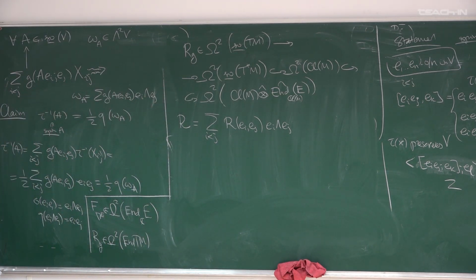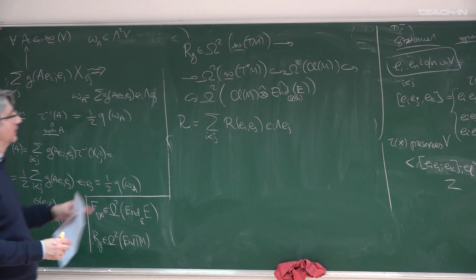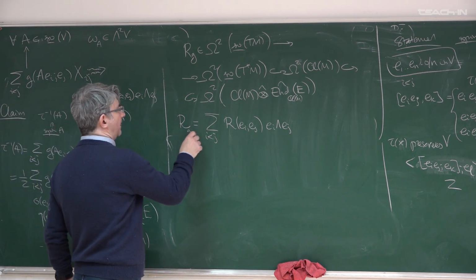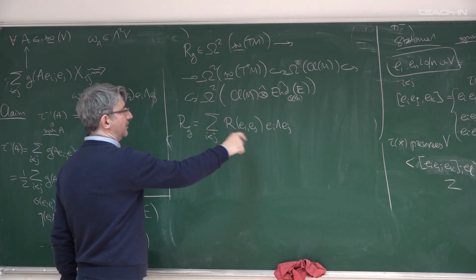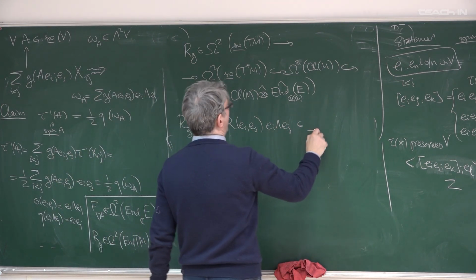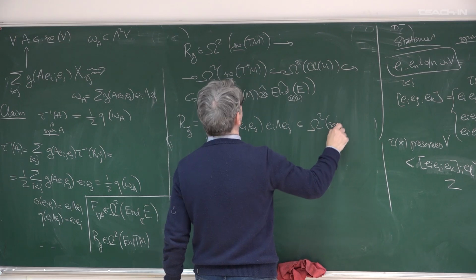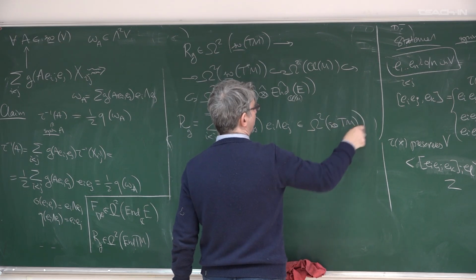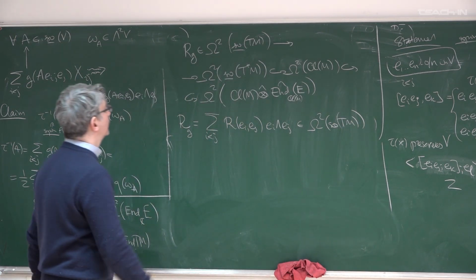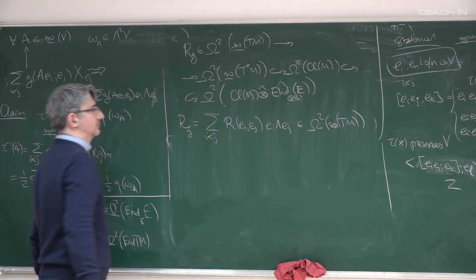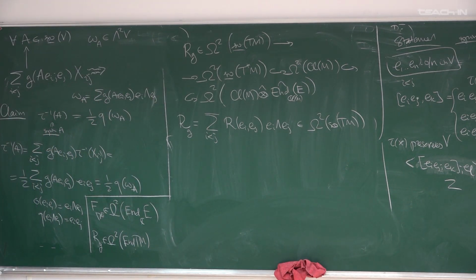Now it's a differential form. Okay. But the question is, where is it? It belongs to omega 2 of SO of TM. But I want to embed it here, so I need another expression for that.